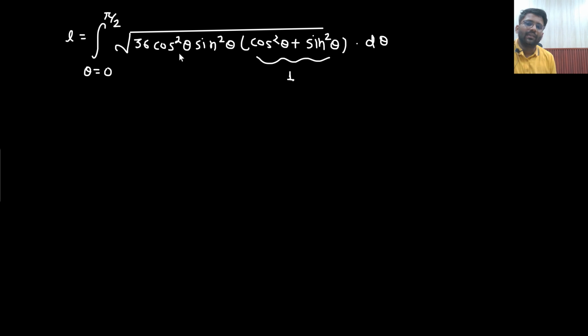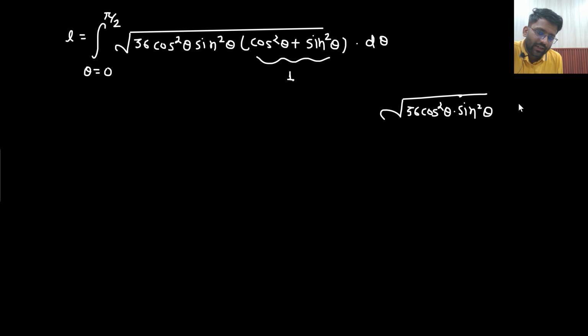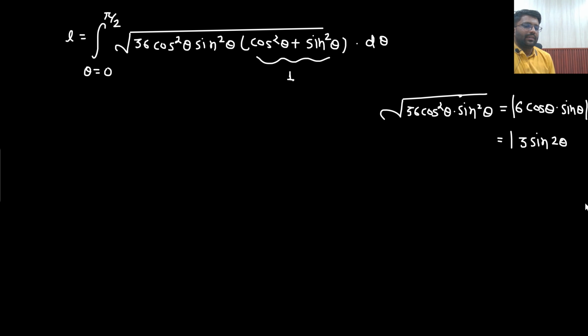Now taking it outside, the square root of 36 cos square theta sin square theta would be nothing but 6 into cos theta sin theta, but with the modulus. It could be written as 3 into sin 2 theta. Do you agree to this point? 3 into sin 2 theta.